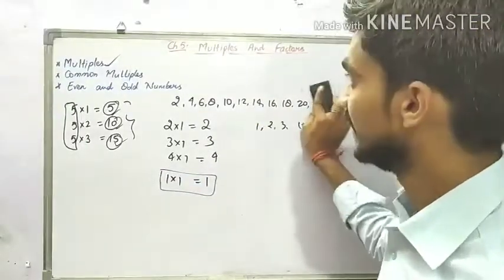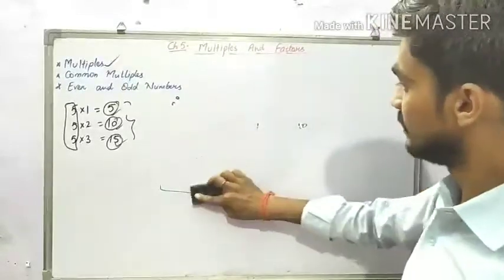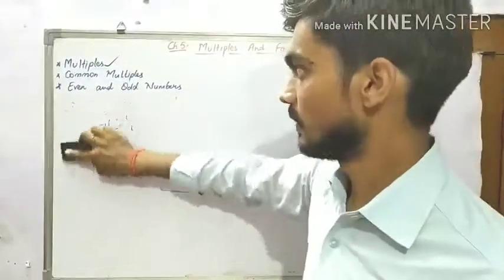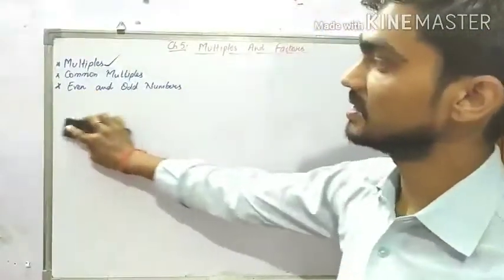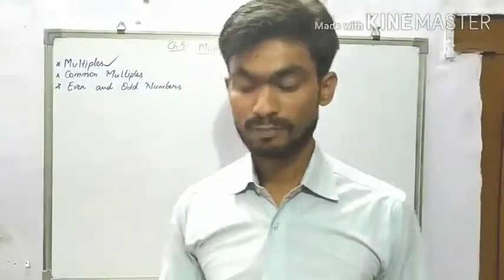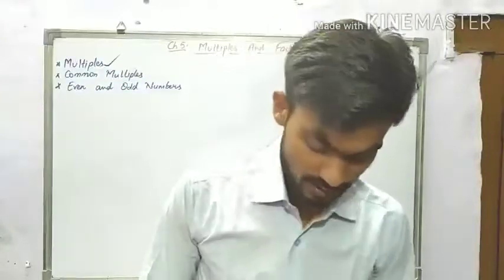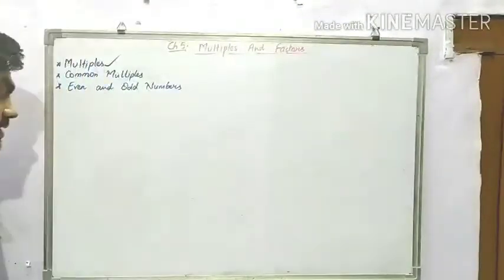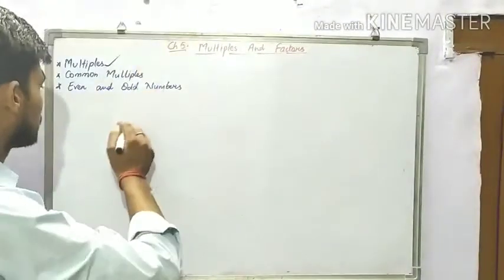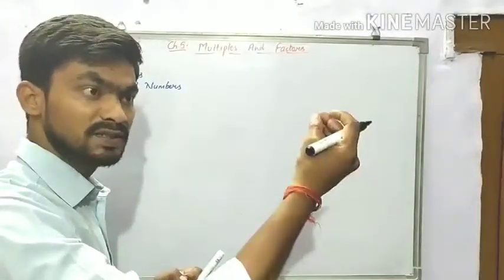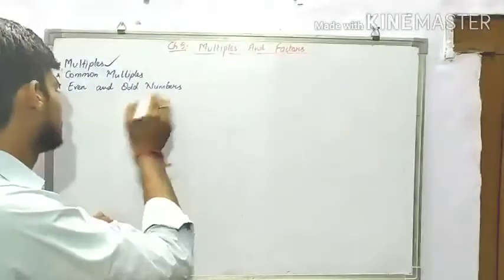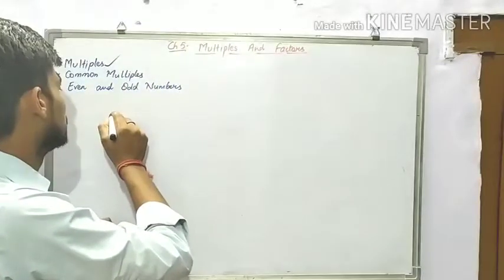Now, next, what is a common multiple? So common multiples are the multiples which are present in the table of more than one number. Means, see, I am writing a few numbers' tables.